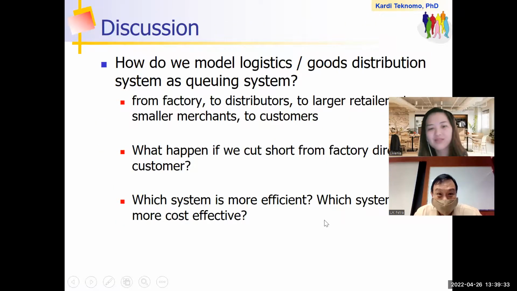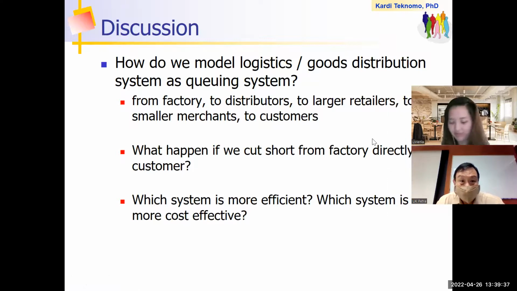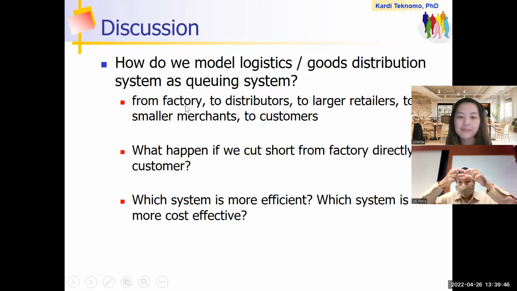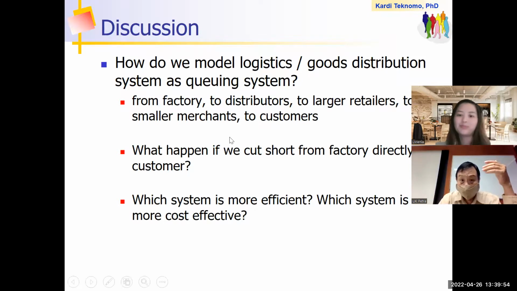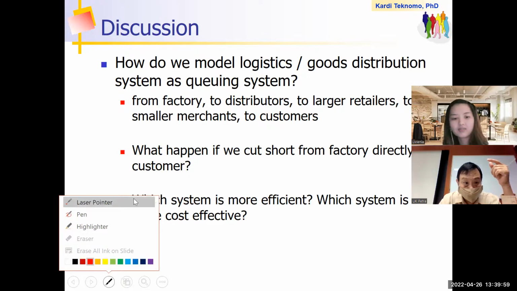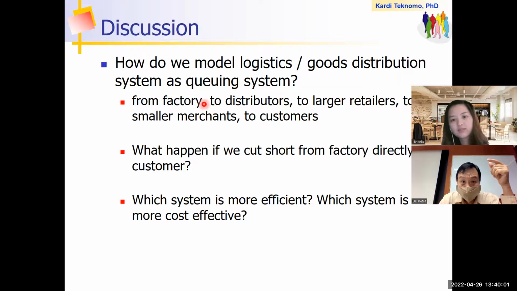Okay, now I'm discussing economics. How do we treat logistics or goods distribution as a queuing system? I mentioned earlier, say from the factory, this is one server, and then it goes to the distributor, to the retailer, the merchant. Each of these, distributor and retailer, is actually a queuing server.